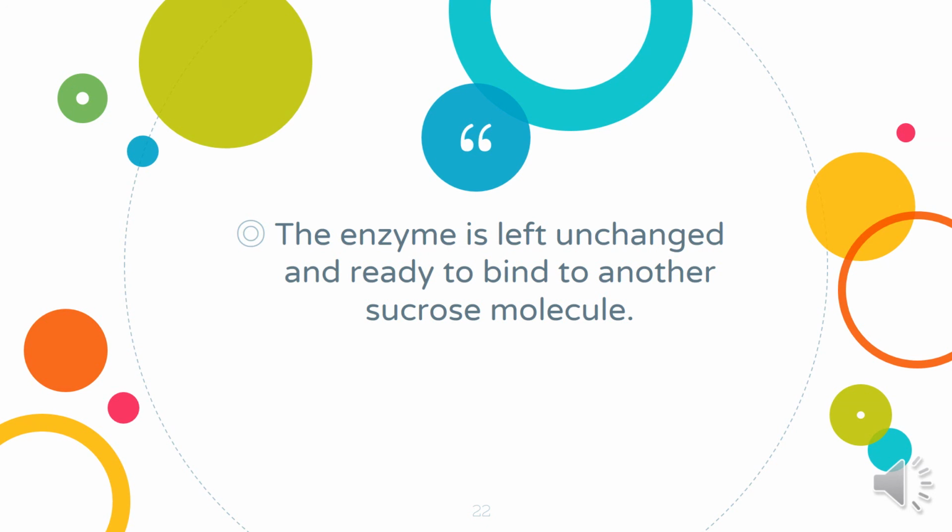Also, enzyme-catalyzed reactions are fast, and each enzyme molecule breaks down thousands of sucrose molecules per second. So this is a huge amount, and we need only a small amount of enzyme that can make huge quantities of chemical reactions, and it's all the time left unchanged.